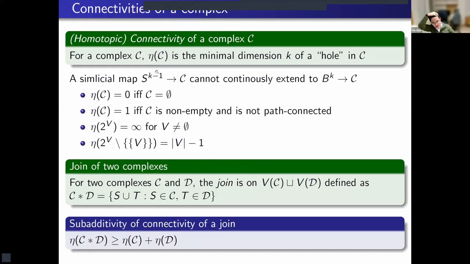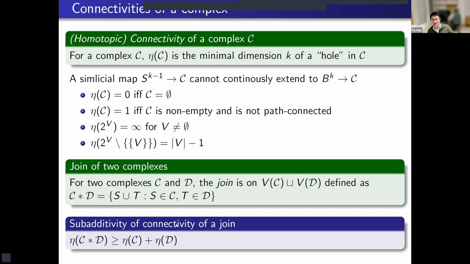One more definition is the join operation, which we call the join of two complexes. If you have a complex C and a complex D, we define the join of them, denoted C star D, by making the vertex sets of C and D disjoint, and an edge is in the join if and only if it has this form: a union of a face in C with a face in the complex D. So that's the join of two complexes.